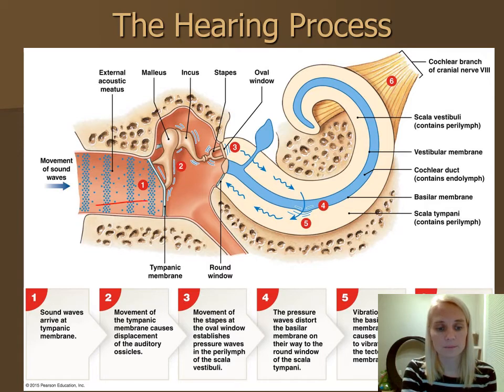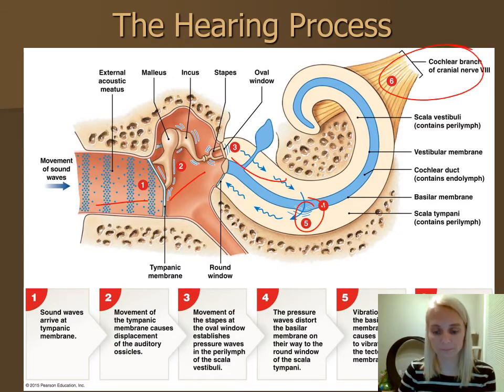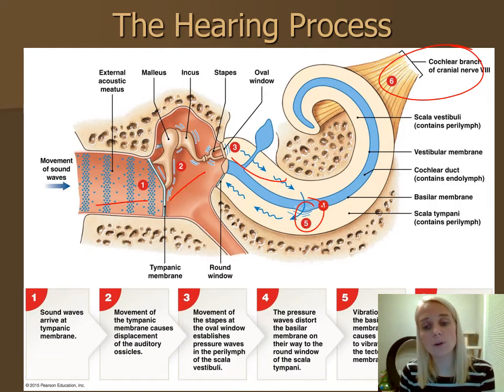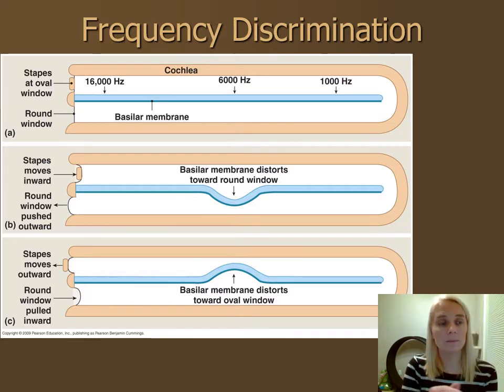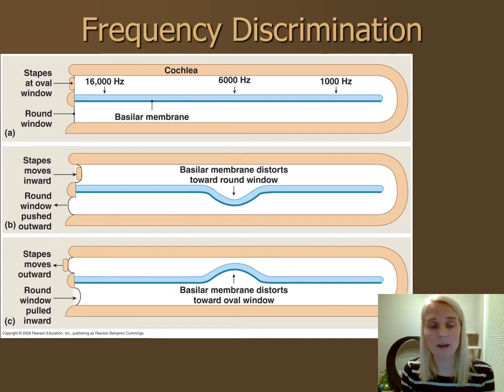Sound wave, mechanical wave, fluid wave, distortion of the basilar membrane, signal is sent via cochlear nerve. Now you might be asking, well, how do you know which part of the basilar membrane is going to be distorted? Well, the physical nature of the basilar membrane affects how flexible it is.